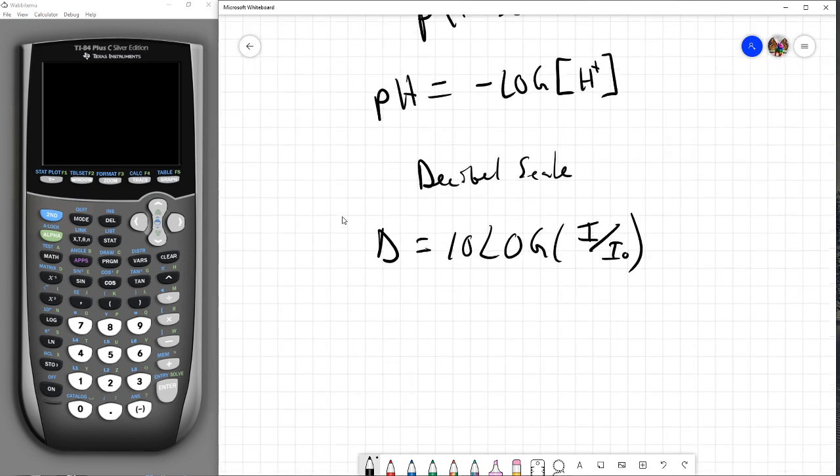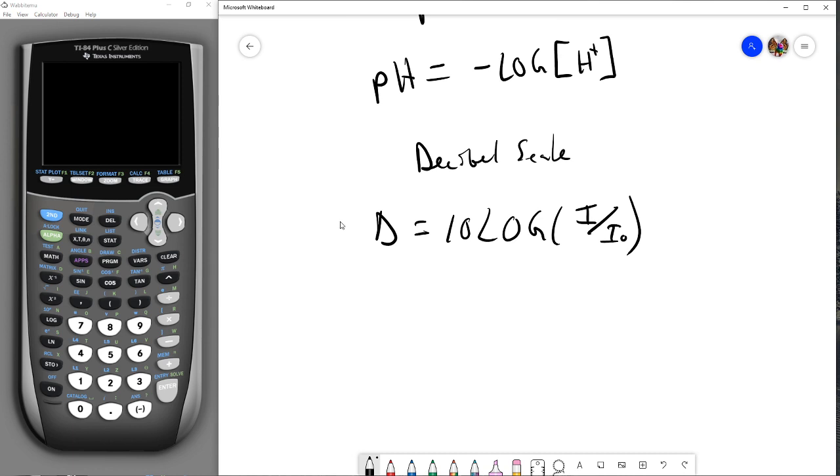We used the units dB for decibel. And the decibel, the loudness of a sound, is equal to 10 times the log of the intensity over a reference intensity. Our reference intensity was the threshold of human hearing, which was 10 to the negative 12 watts per meter squared.